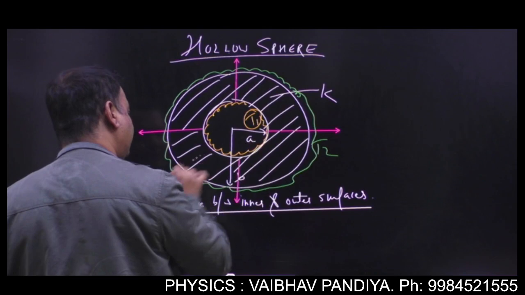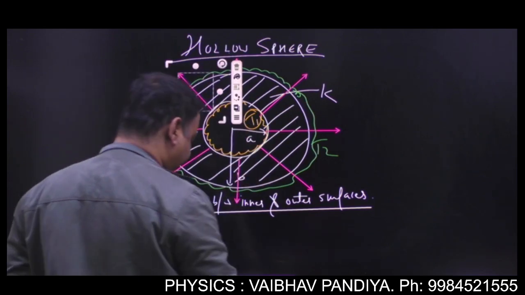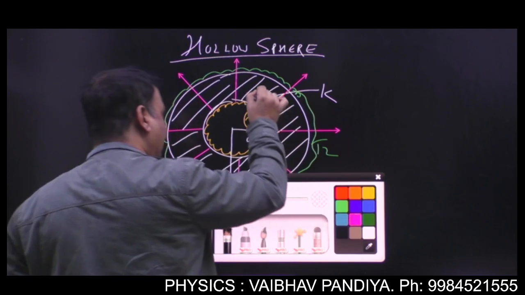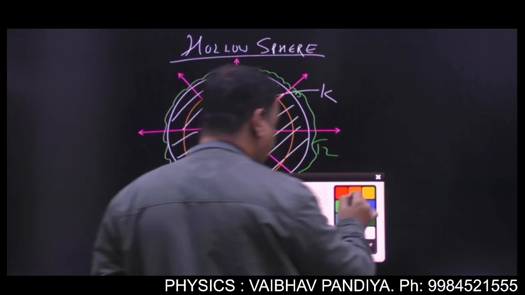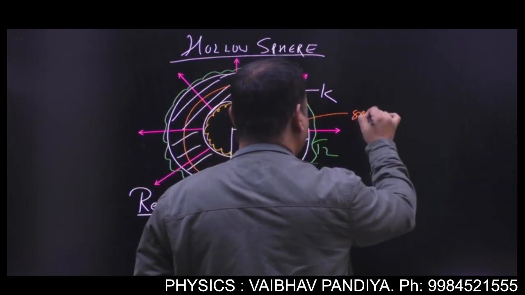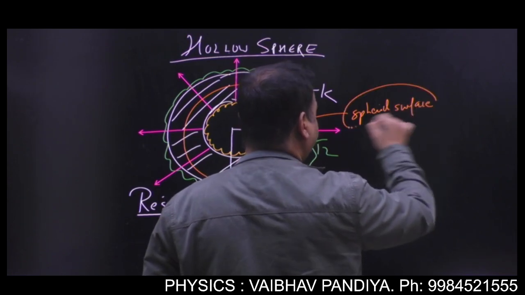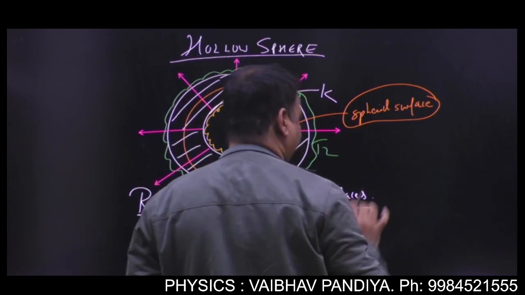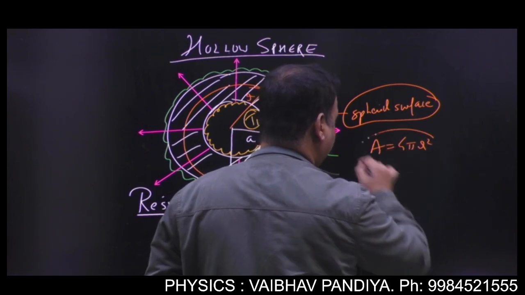Again, the direction will be radial, isn't it? It will be 3D. I'm making a 2D cross section. So can you visualize what will be the shape of the surface through which heat will cross? So it will be a spherical surface. Like in the previous problem, it was a cylindrical surface. In this case, it will be a spherical surface of area how much? 4 pi r square.